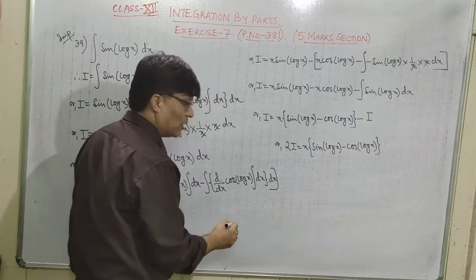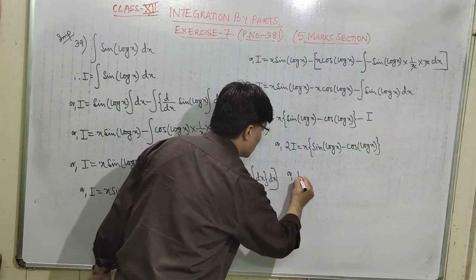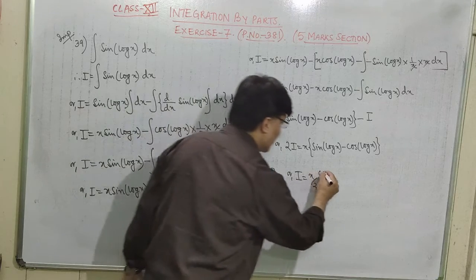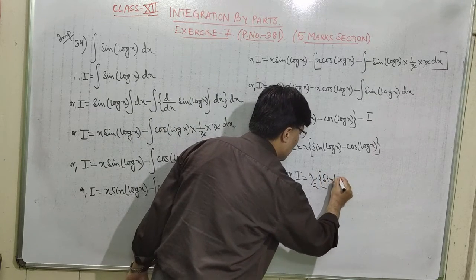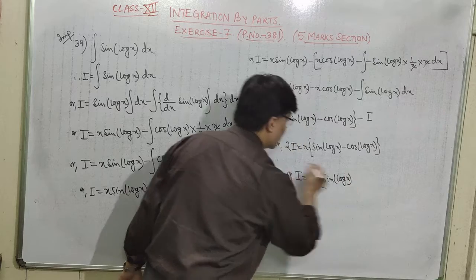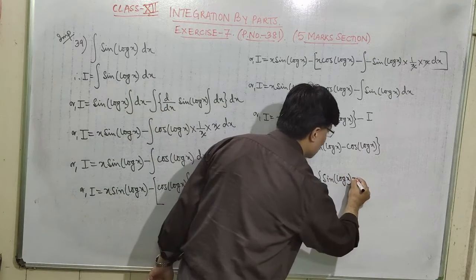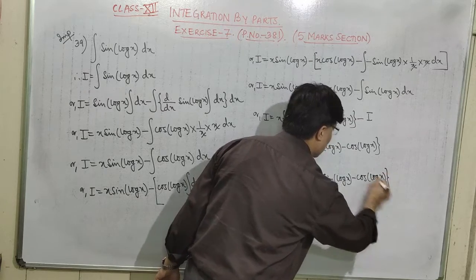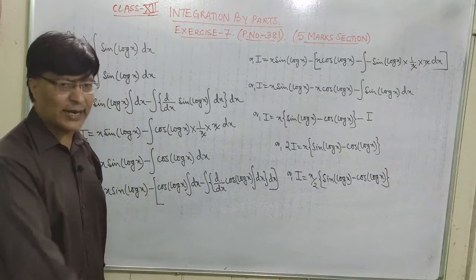So what is the value for I now? So now I is equal to x by 2 within second bracket. What do we write? This is sine of log x, right? Then minus cos of log x. Then second bracket is closed. So this is the answer.